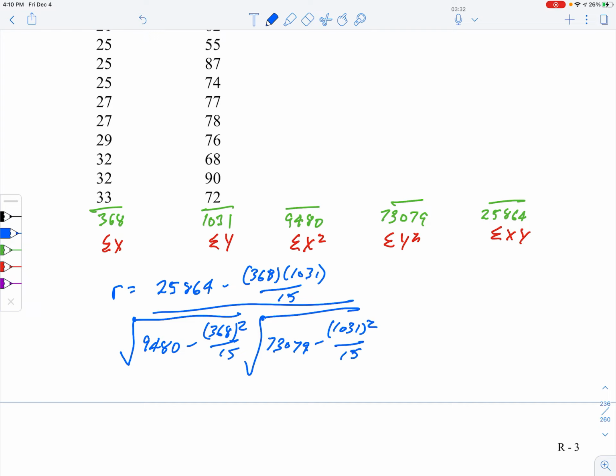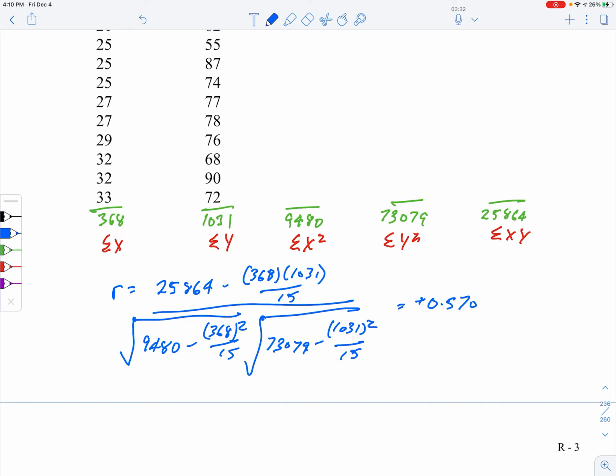The n is always 15. And when the smoke clears on that, what you'll end up with is a correlation value of positive 0.570.